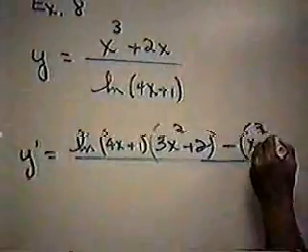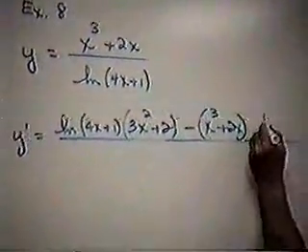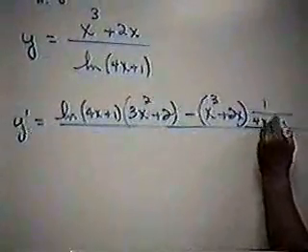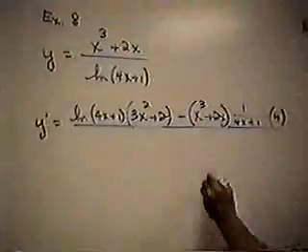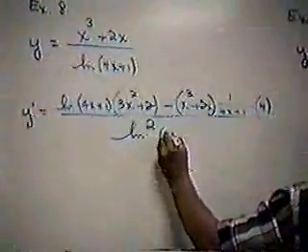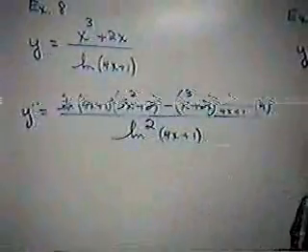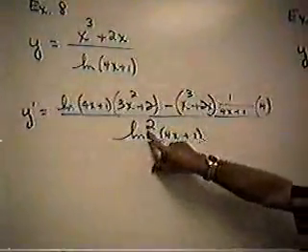That's x cubed plus 2x. And take the derivative of the bottom. The derivative of the bottom is 1 over the object, 4x plus 1, times the derivative of the object, which is 4. All over, now watch, all over the bottom one squared. If you square a log, that's how you write it.